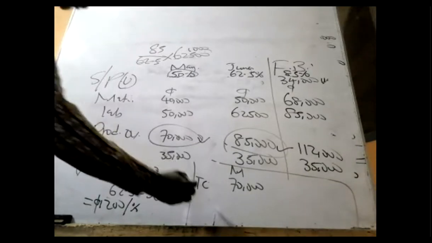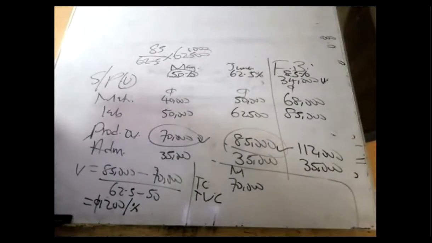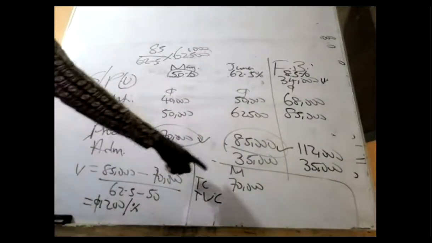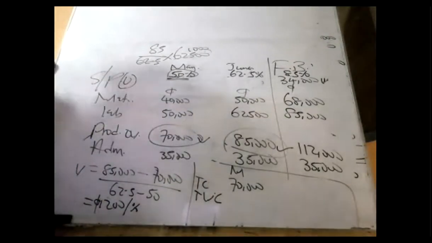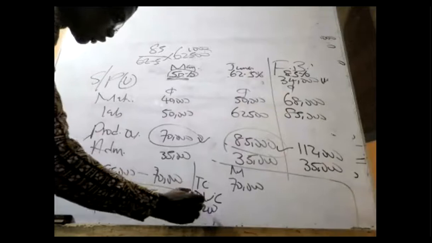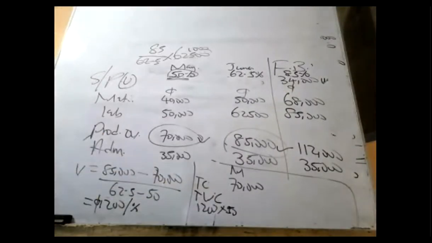Let's subtract the total variable cost. Here the total variable cost will be, can you multiply 1,200 by May, which is 50, right? So multiply 1,200 by 50, just 50. That will be the total variable cost.